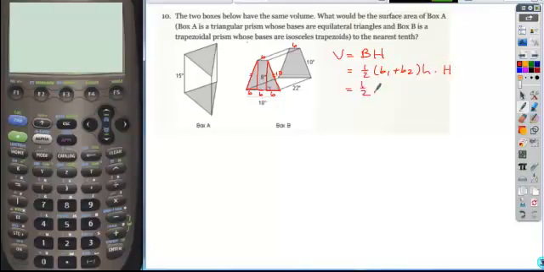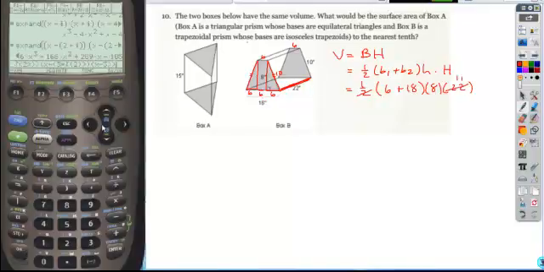And so if we now plug in the values that we have, base 1 is 6, base 2 is 18, the height of the trapezoid is 8, and the height of the solid is the total distance between those two parallel and congruent bases, so 22. If I calculate this, half of 22 is 11.